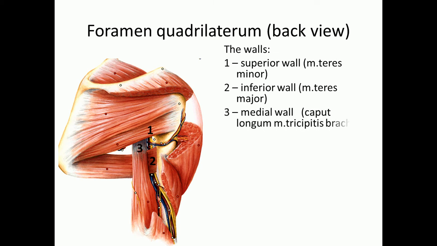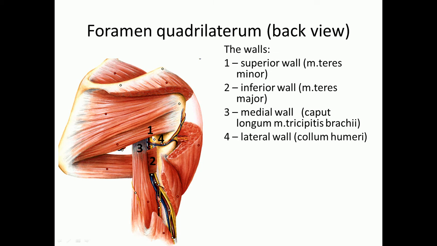Medial wall is caput longum musculus tricipitis brachii, and lateral wall is a new wall. It's column humeri.